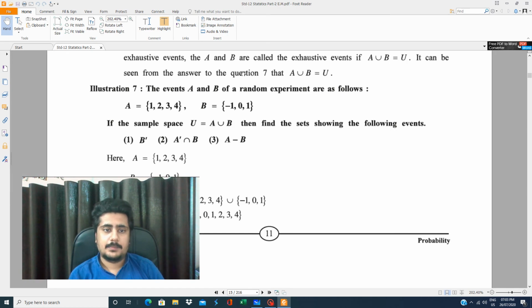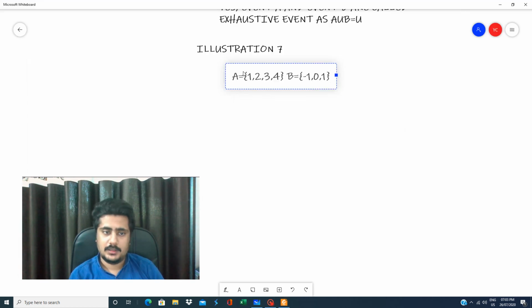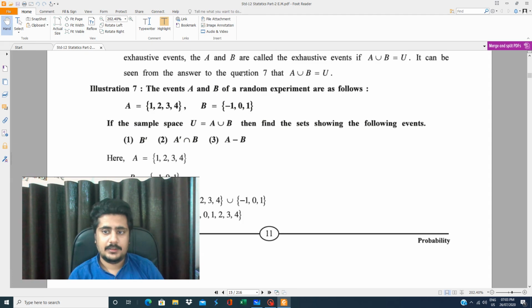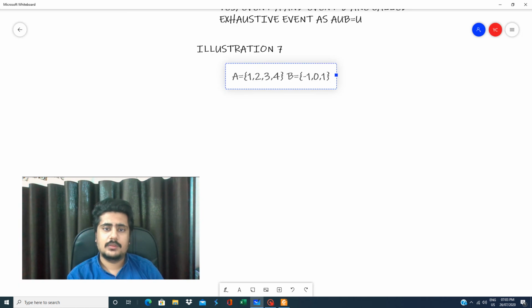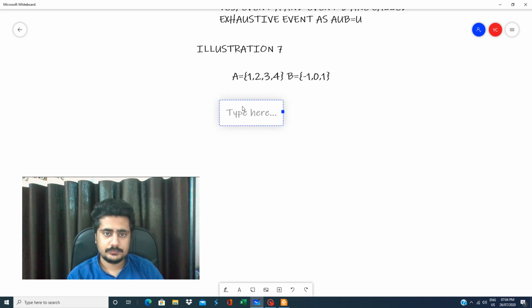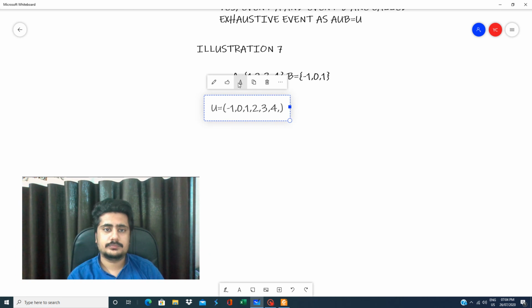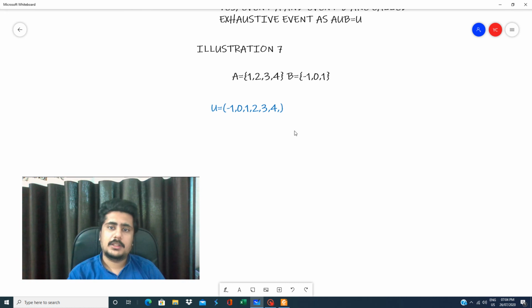If sample space U is equal to A union B, then find B dash, A dash intersection B, and A minus B. In the question, it is mentioned that the sample space U is equal to A union B. So let us write U. He told us U is the sample space. So it should be minus 1, 0, 1, 2, 3, and 4.